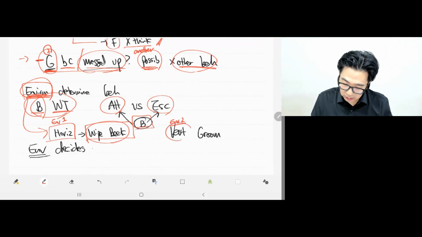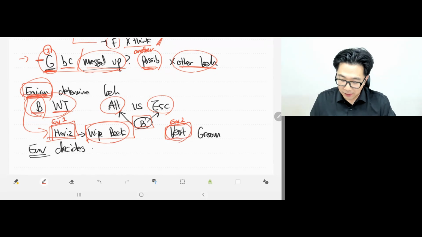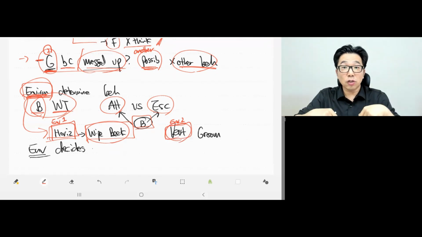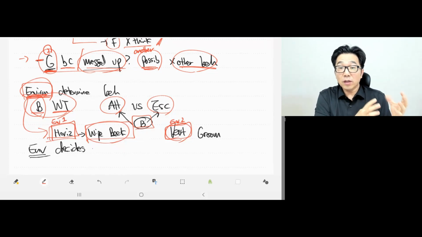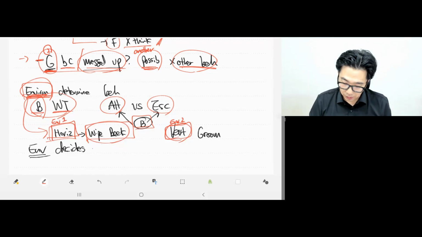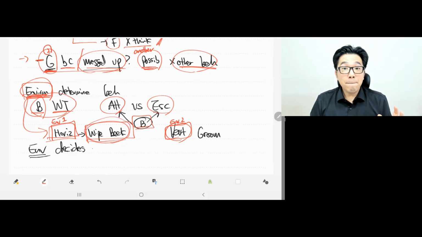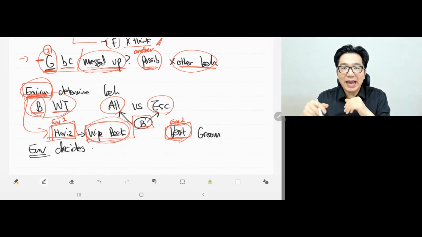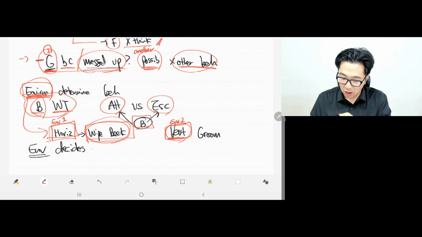So this is environment 1. This is environment 2. Okay? So if the bird is sitting on or standing on a horizontal branch, which is one type of environment, the bird acts this way. Okay? If the bird is in a different environment, standing on or sitting on a vertical branch, the action is different.